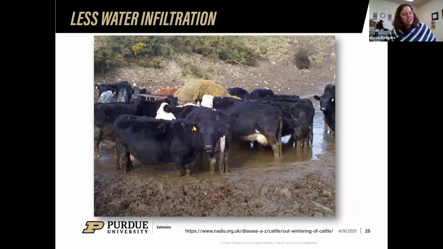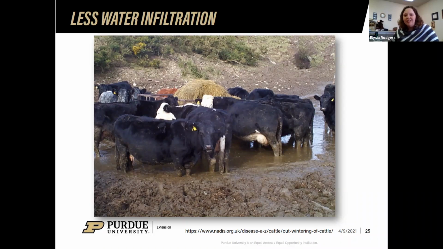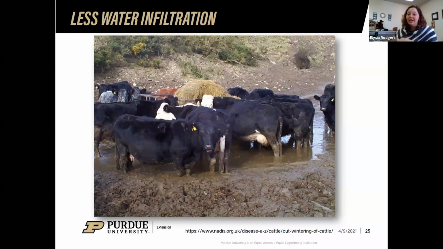And it might seem counterintuitive, but actually the fewer roots, the less grass you have in the ground, the less water infiltration you can have. Like Miranda said, in some of our dry lot areas, it might get a little bit muddier, a little bit muckier, but that's because there's less grass. As we saw in the pictures before, we'll have fewer roots, and those roots provide water channels for water to get into the soil, get good drainage, and stay there.